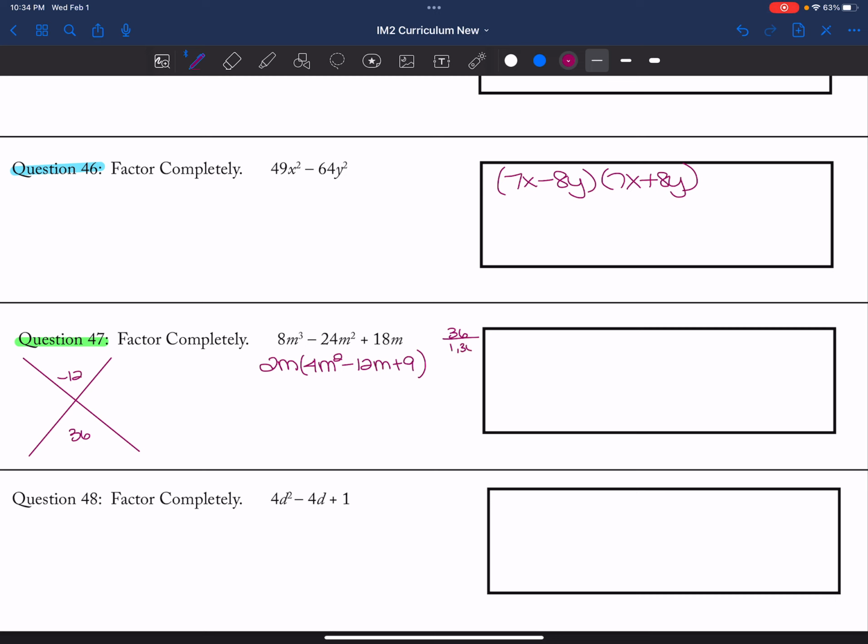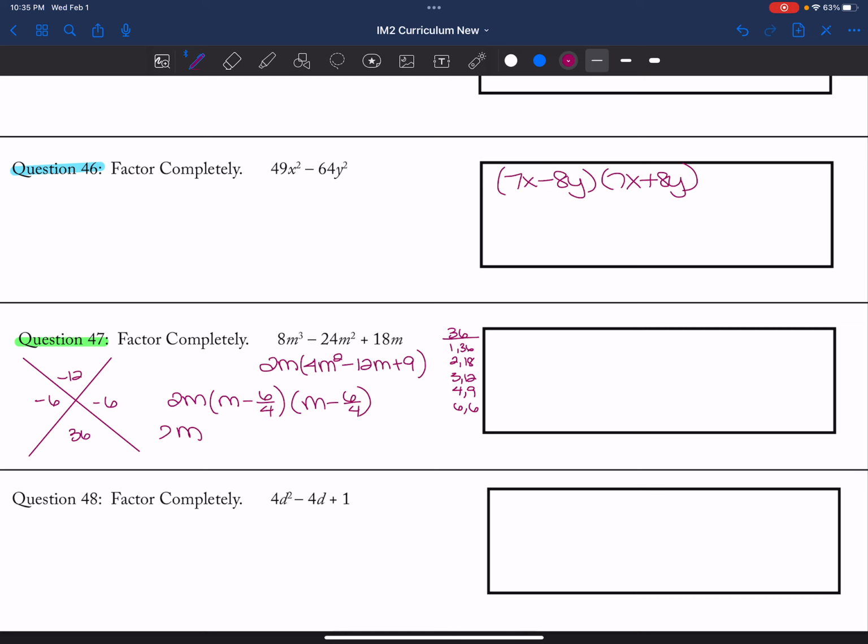Okay, so negative 12 and a positive 36. So 36, 1 and 36, 2 and 18, 3 and 12, 4 and 9, 5, 6 and 6, minus 6, minus 6. So 2M. M minus 6 over 4. M minus 6 over 4.